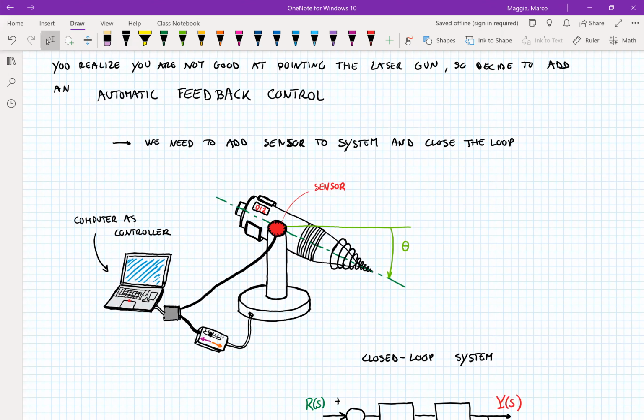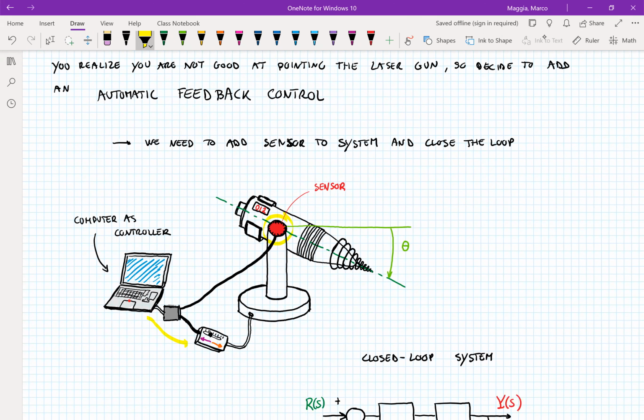So what we would do is to add a sensor that can measure the pitch angle, connected to a computer, and then the computer will function as the controller. So it will send a signal to the joystick, and it'll be able to give it the right input based on the actual angular position.